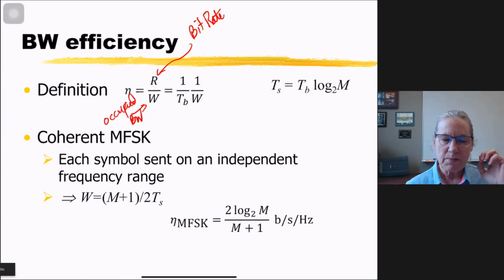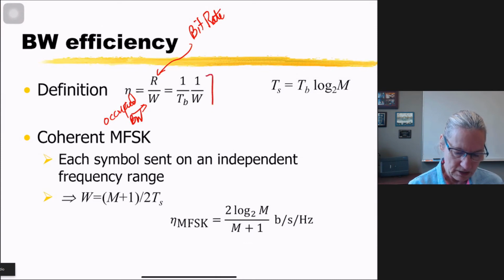So I want to send as many bits as I can, but in a given bandwidth. So first of all, the bit rate is just 1 over the time of a bit. So during the time of 1 bit, I send 1 bit. So the rate is 1 over T_B. So now I have this expression in terms of the bit rate, or the bit interval, and the bandwidth.